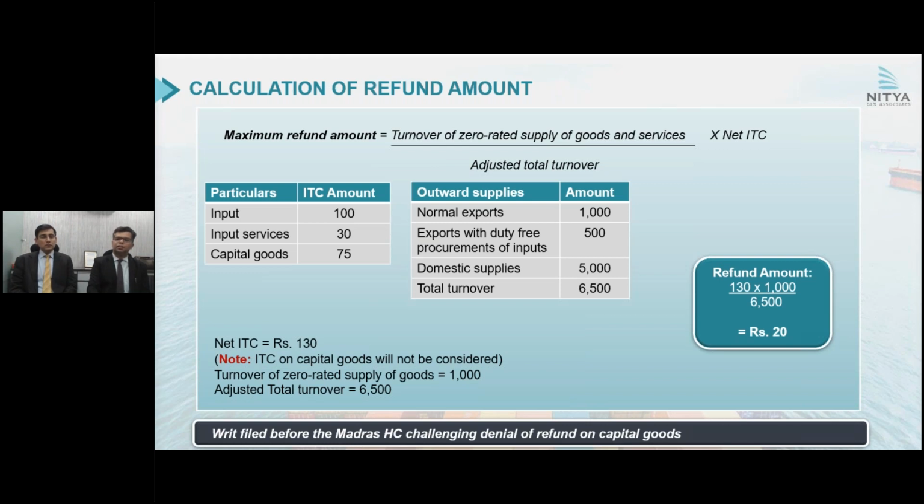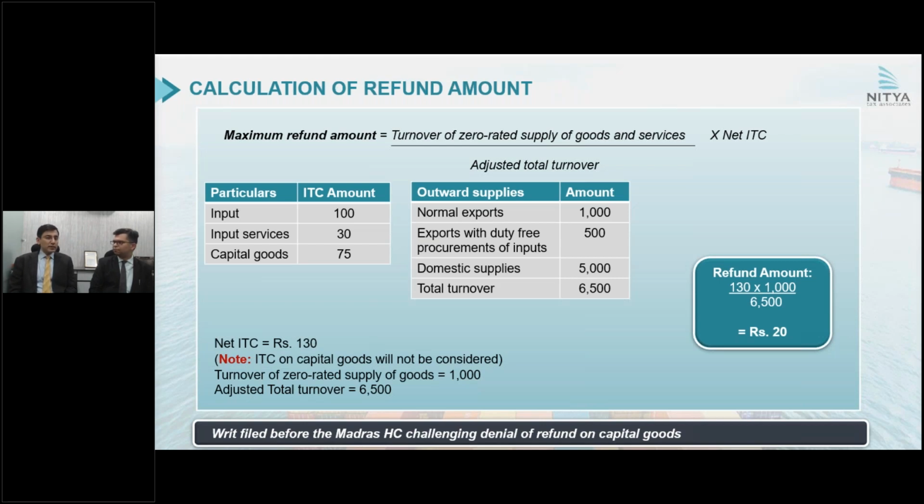Importantly, there has been a writ filed before the High Court challenging how the legislature can restrict the refund amount of capital goods. What's your take here, Puneet? What should exporters who have accumulated refunds do in such cases? This restriction of refund on capital goods is not flowing from the Act, and subordinate legislation like the CGST rules can never override the Parent Act.